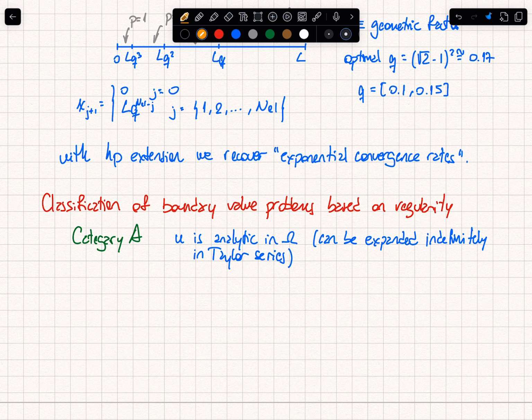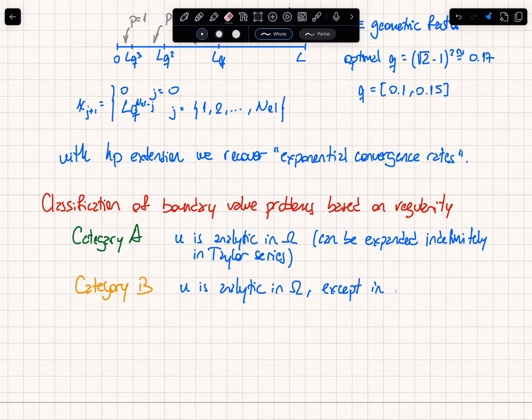There are problems in category B where U is analytic in omega, except in a finite number of sets of zero measure, and I will explain what this means in a second.